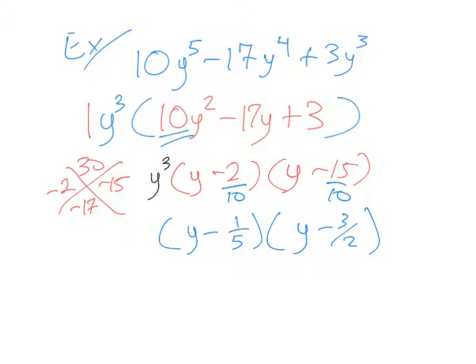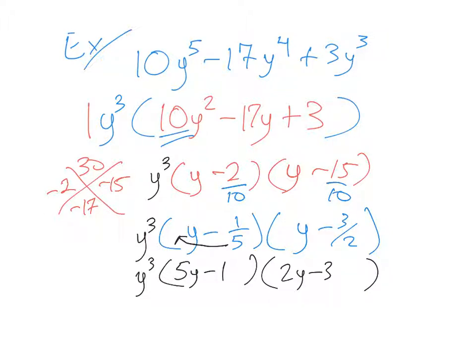Right. So don't forget it. Y cubed. Bring it down. And now I figure out what's in my parentheses. So what's in the first one? 5y minus 1. This one always goes to the front. What's in this one? 2y minus 3.